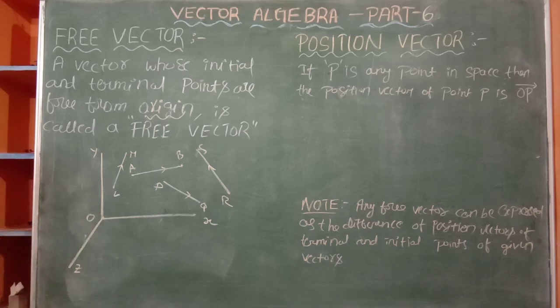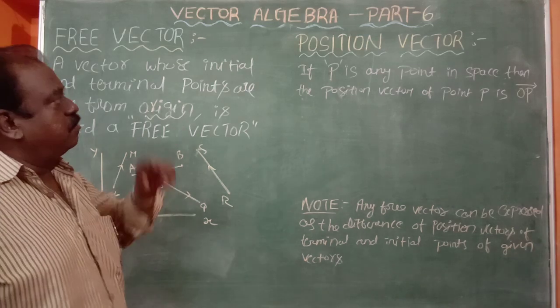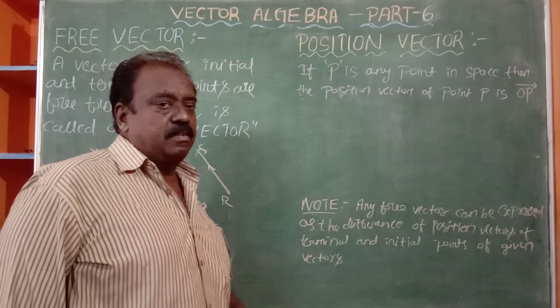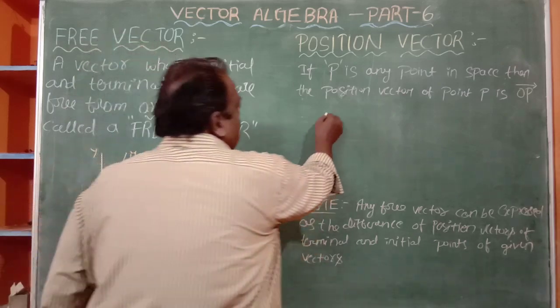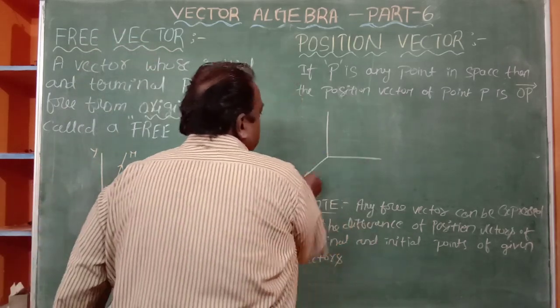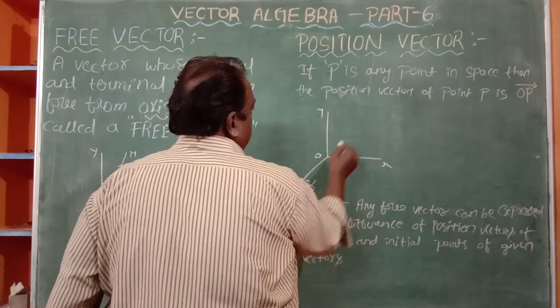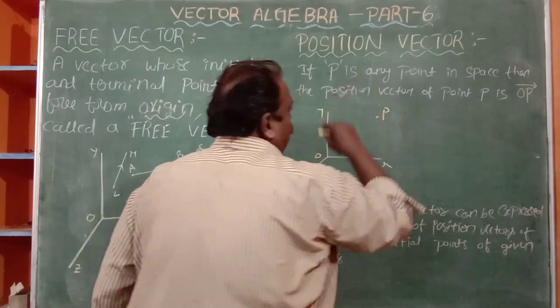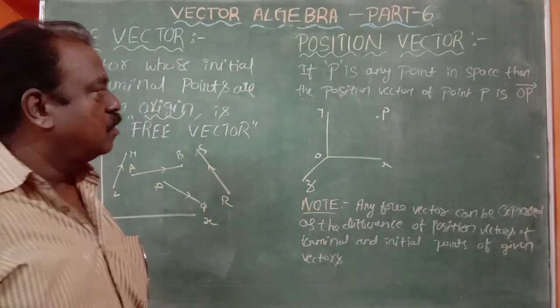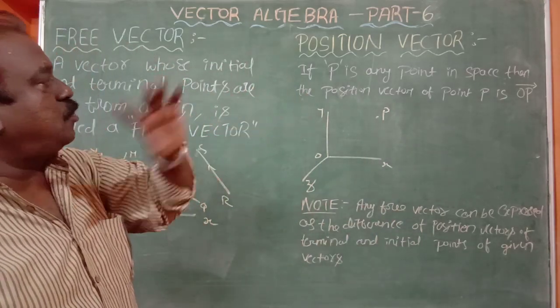Next concept: position vector. Position vector means, suppose in the space a point P is there. P is any point in the space.